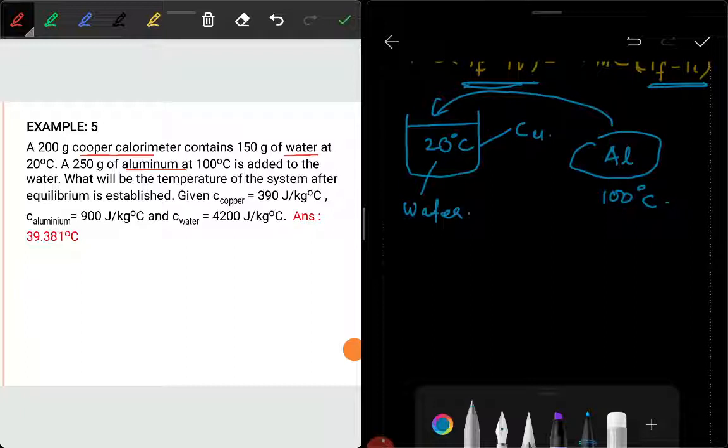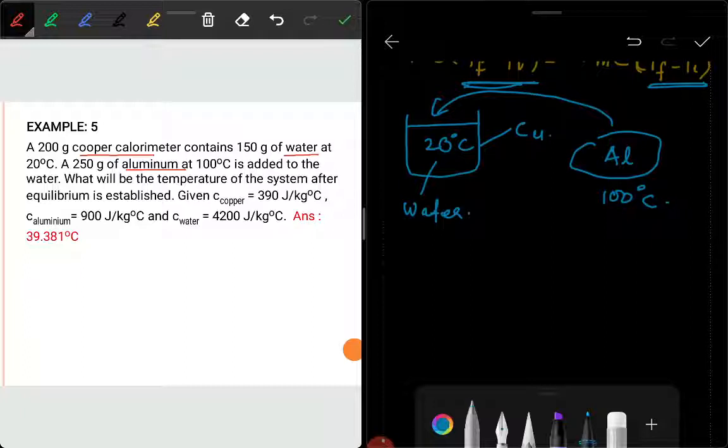So what will happen to the final temperature after some time, when both substances reach the same temperature, which we call the thermal equilibrium temperature? So you are asked to find the thermal equilibrium temperature.